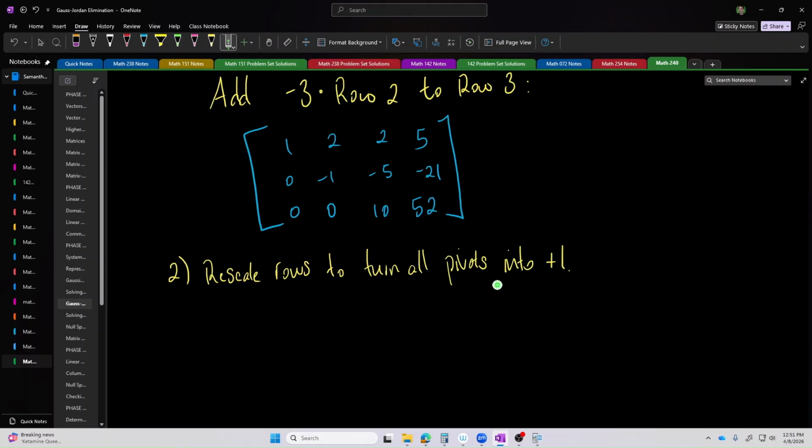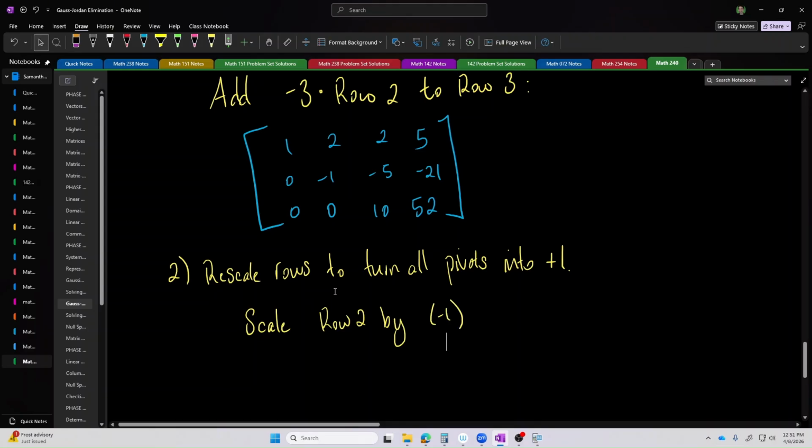As of this moment, the first pivot in the top left is +1 already. Fantastic. The second pivot in the middle of the matrix is -1. So I'm going to have to fix that by rescaling the second row to turn a -1 into a +1. I can, for example, scale row 2 by a factor of another copy of -1 to turn this negative into a positive.